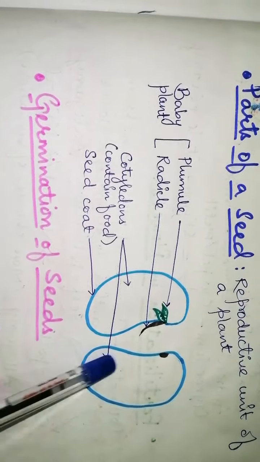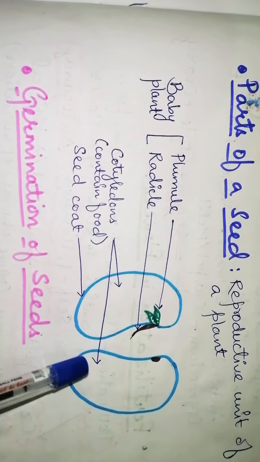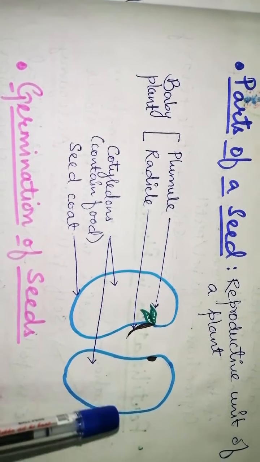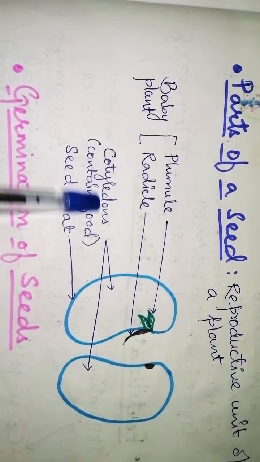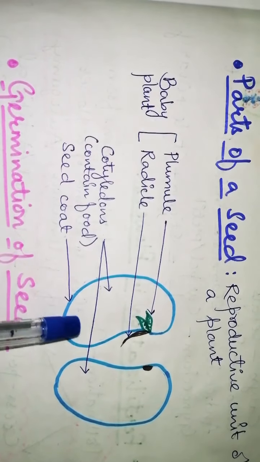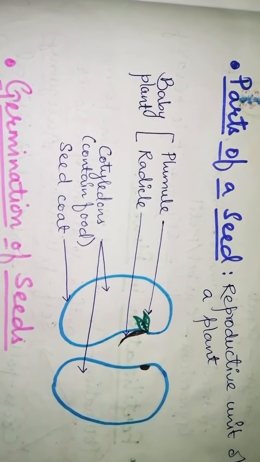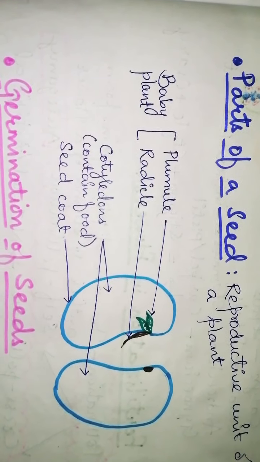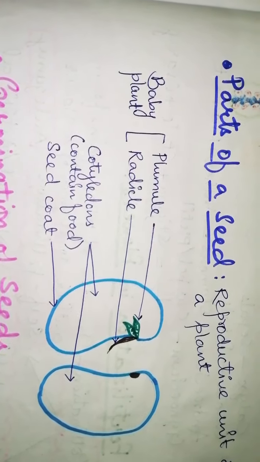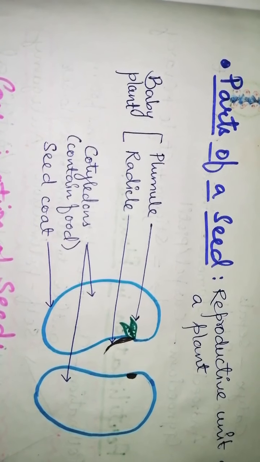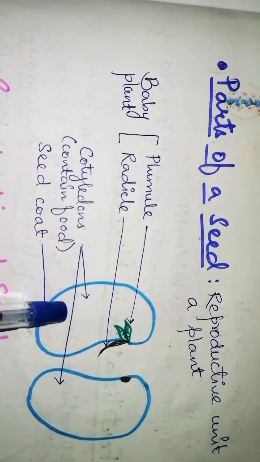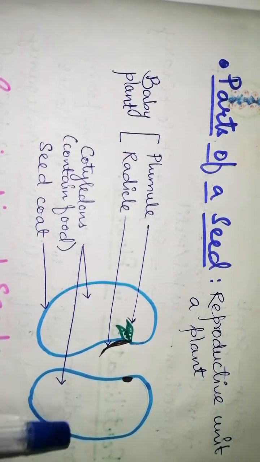Now here we have a dicot seed. Dicot means the seed having two cotyledons. Means if we have a single seed and we cut that seed into two halves, not with a knife, we can cut it with our nail as well, then it is known as cotyledon.